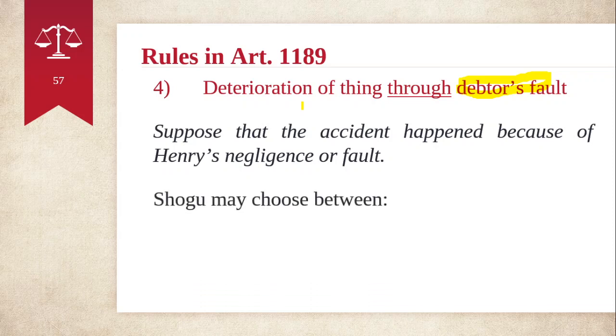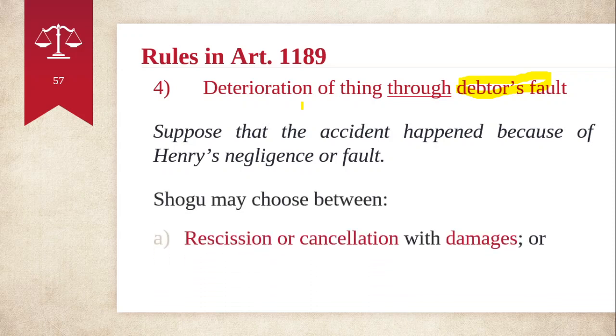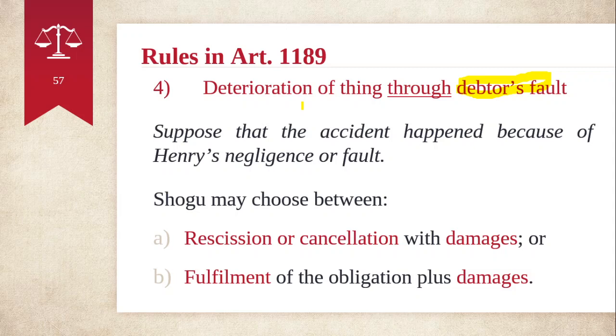Shogu may choose between rescission or cancellation plus damages. Ibig sabihin, sige, hindi ko na itutuloy yung car, pero bayaran mo ako ng damages, tsaka yung rescission. Okay? Bayaran mo ako ng 100,000 plus yung car. Or, I could demand the fulfillment. Sige nga, akin na lang yung car, pero magbabayad ka ng damages kasi naging pabaya ka.